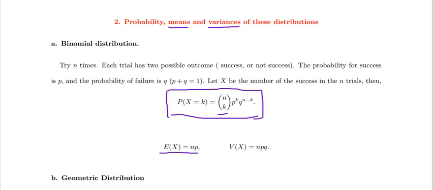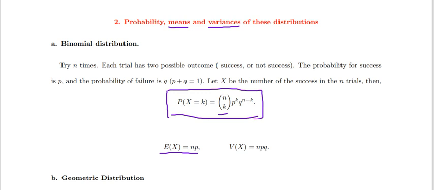If we try n times, you can expect np to happen. For example, for a multiple choice question with choices A, B, C, D, p is 1 over 4, meaning among 4 trials you can get 1. With n trials, you get n times p.